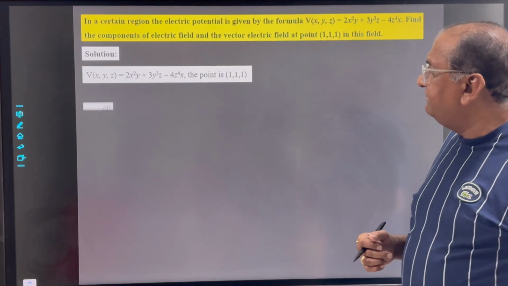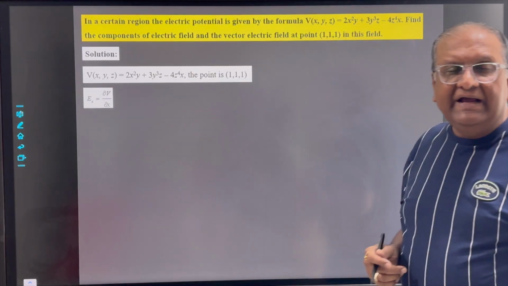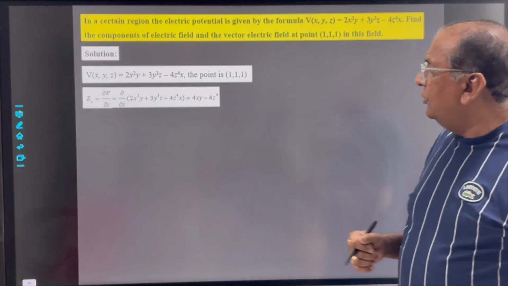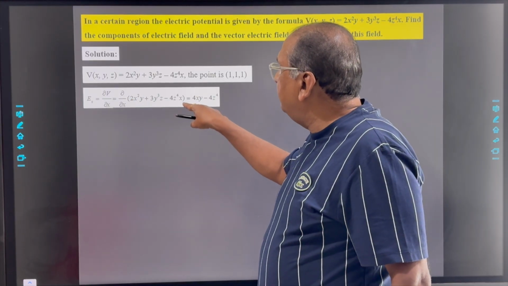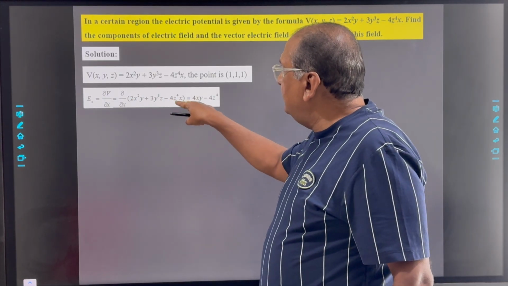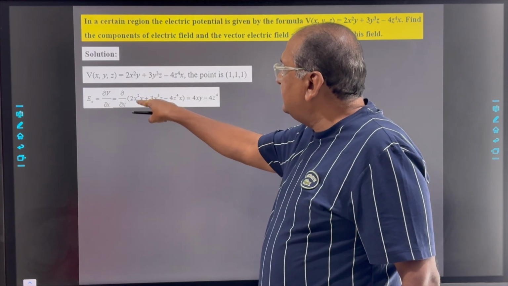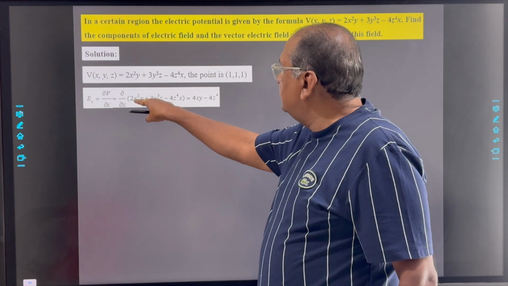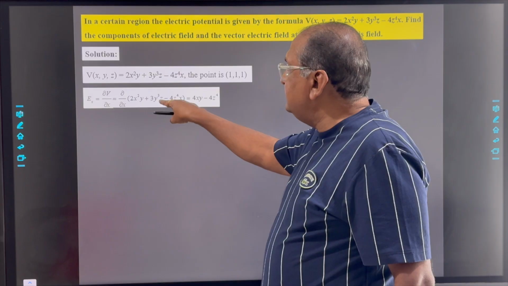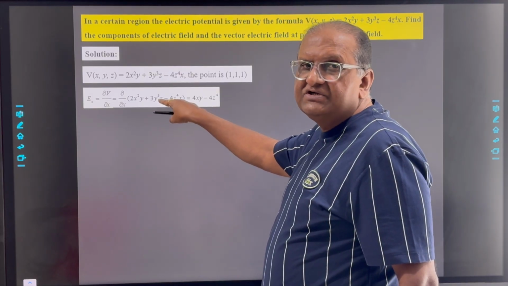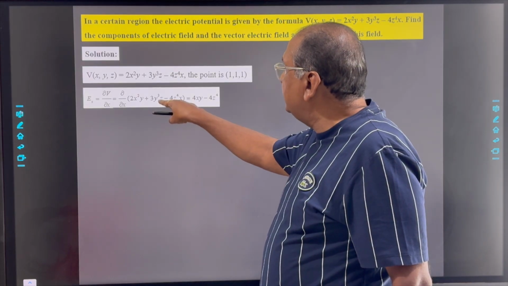Now let's see. Ex is minus del V by del x, so we can write minus del by del x of V. Substitute the value of V here. Now differentiate it. For x square the differentiation is 2x, so the first term is 4xy. In the second term there is no x, so it is a constant term and differentiation with respect to x will be 0.